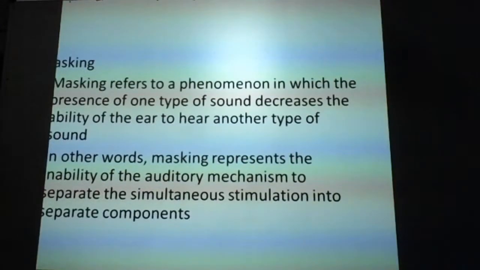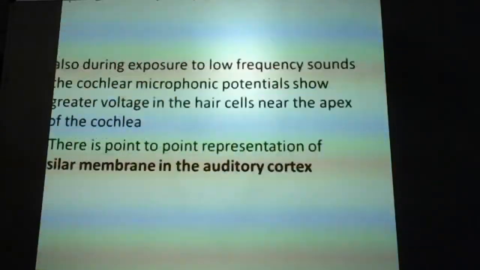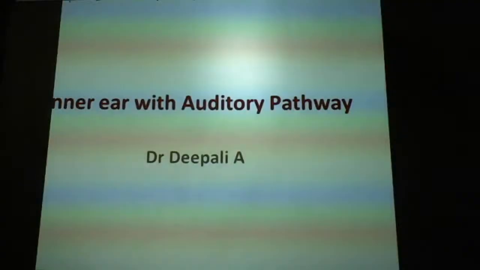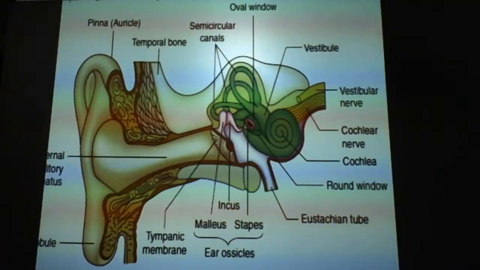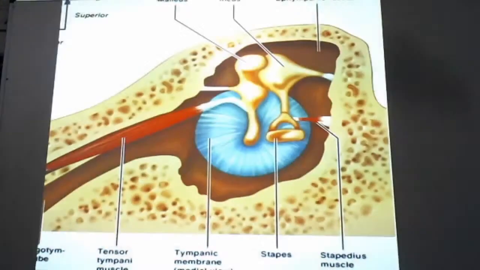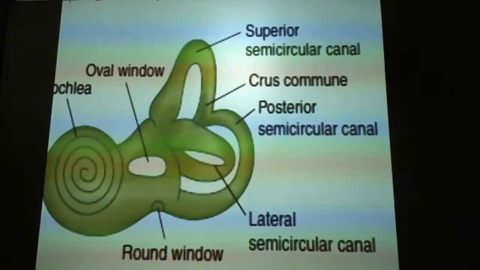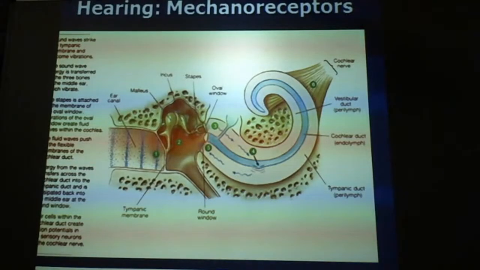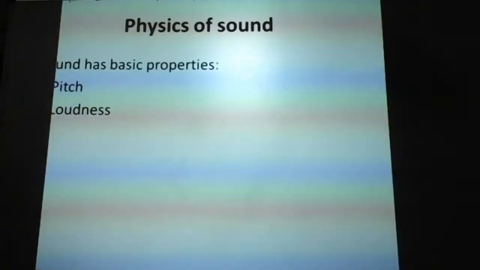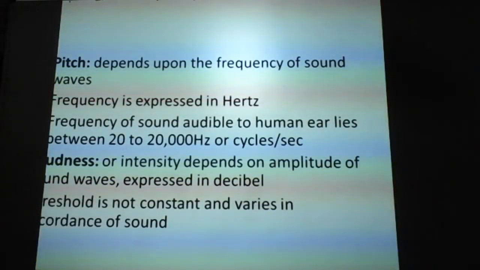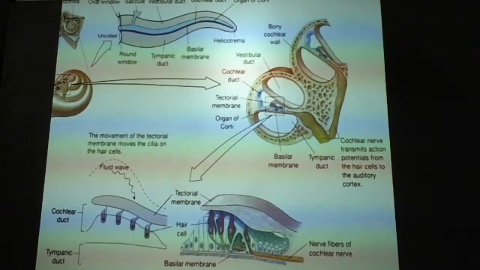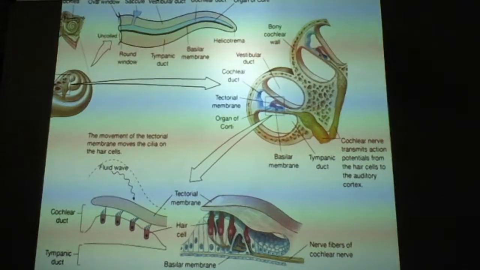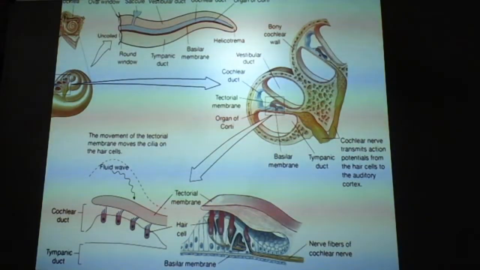A quick revision: you have the diagram of the inner ear and its components, how hearing is brought about, what is pitch, what is loudness, and you should know the organ of Corti, which is very important, and the hair cells.